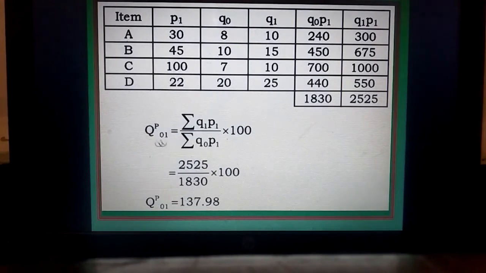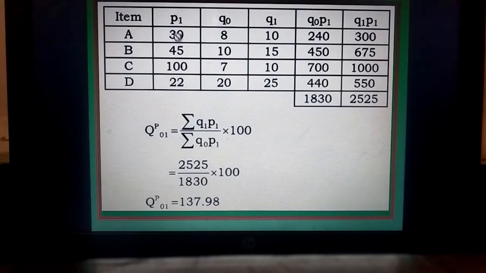That is nothing but Q01P, which is equal to the sum of Q1 P1 divided by the sum of Q0 P1, in quantity relative format, multiplied by 100. Both numerator and denominator are to be considered as sums. Sum of Q1 divided by sum of Q0, and P1 is the weight applied, multiplied by 100.